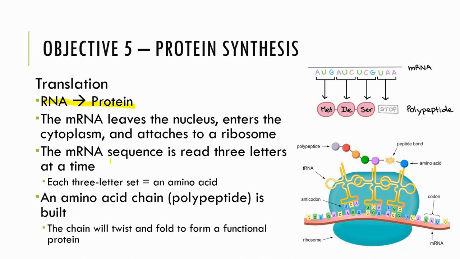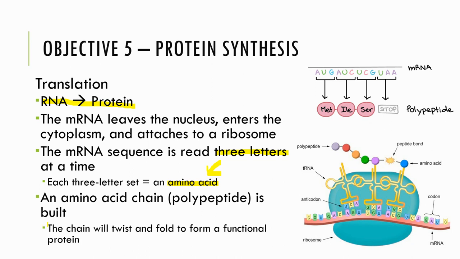And so at the ribosome, that mRNA, and this is very simplified, is going to be read 3 letters at a time. So remember that proteins are made up of amino acids. Now in our genetic code, 3 letters in that RNA are going to determine what the amino acid is. And so that mRNA is going to be read 3 letters at a time, and every 3 letters we're going to have an amino acid added until we get to the end.